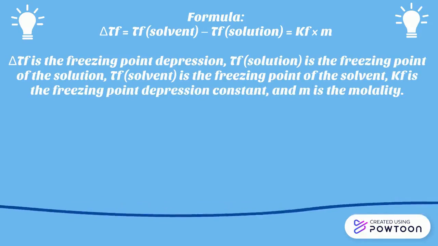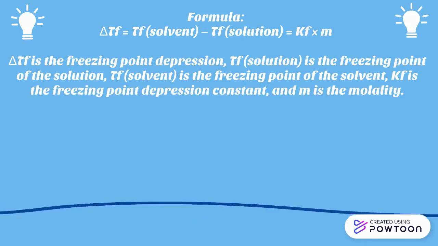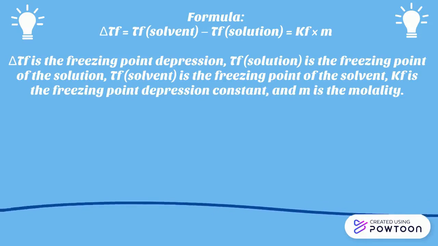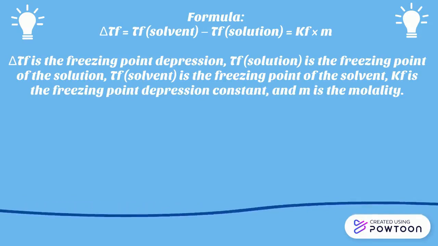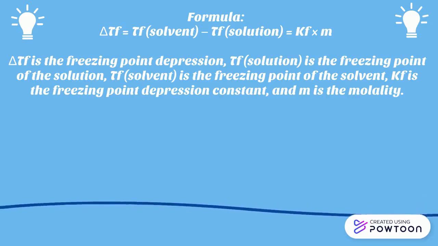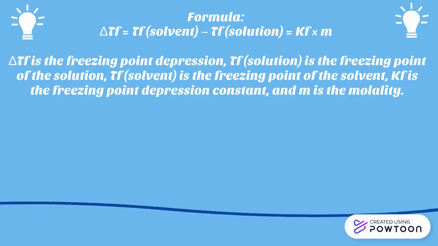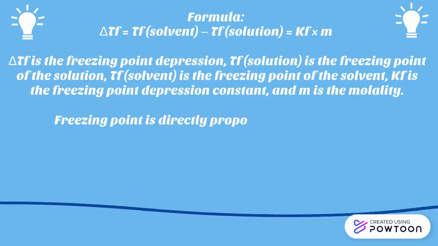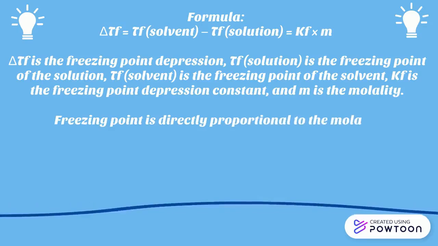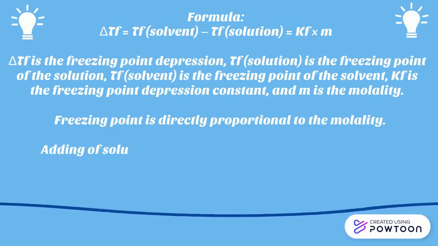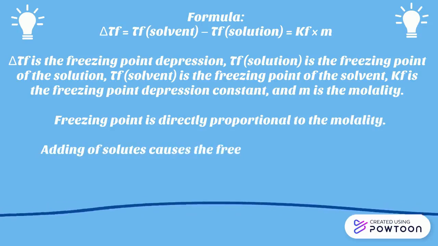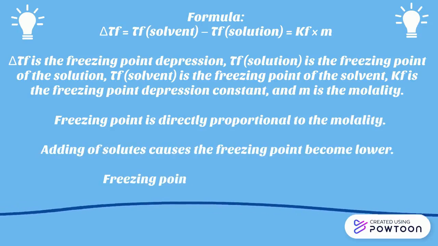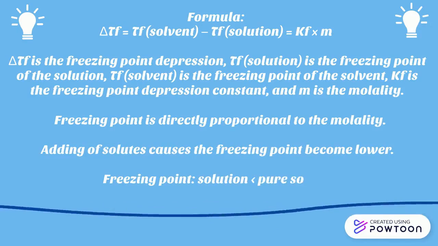Kf is the freezing point constant and m is the molality of the solution, which gives us the information on how much solute is in the solution. Therefore, from the formula, we can know that freezing point depression is directly proportional to the molality. This is due to the adding of solutes causing the freezing point to become lower. Generally, the freezing point of the solution will be lower than its pure solvent.